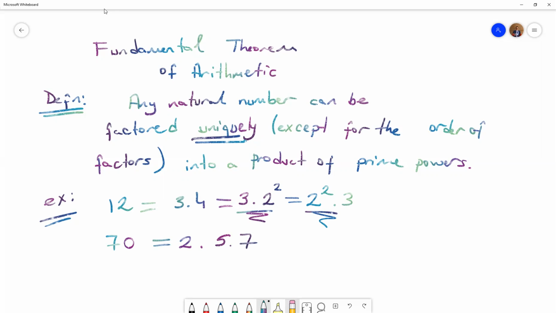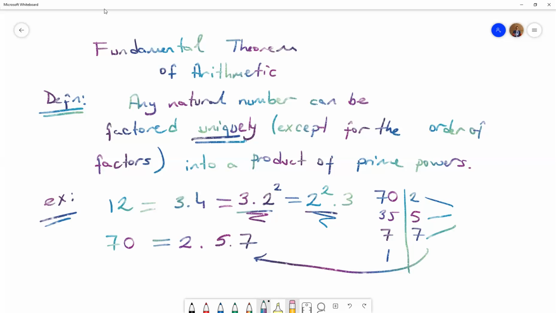We can find it like that. 70 divided by 2 gives 35, we divide 35 by 5 and find 7, and then 7 divided by 7 is 1. So we find 2, 5, and 7 from here. You can also find maybe 121. It is 11 times 11, so 11 to the power 2. It goes like that.